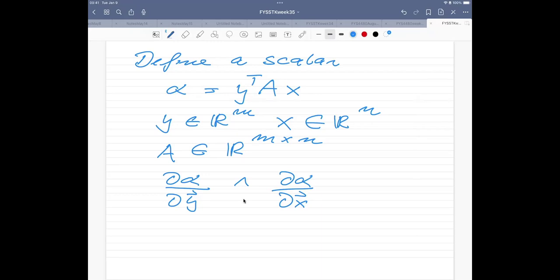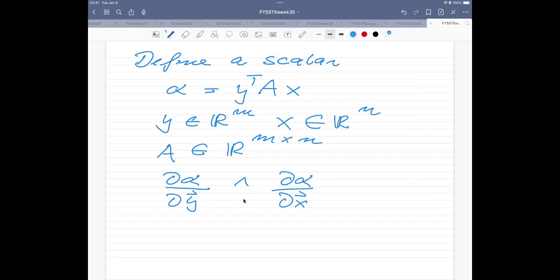Is that okay? And a matrix, I always reserve an uppercase letter, so hopefully from the context you see that this is a matrix. We are assuming again that A does not depend on x and y. So we are looking after these two quantities. And you will need these, also in the exercise for the calculation of the ordinary least squares optimal parameters, so we need to find these kinds of derivatives.